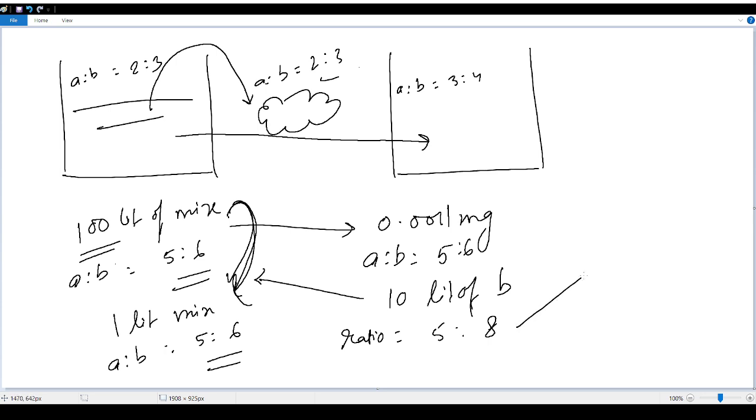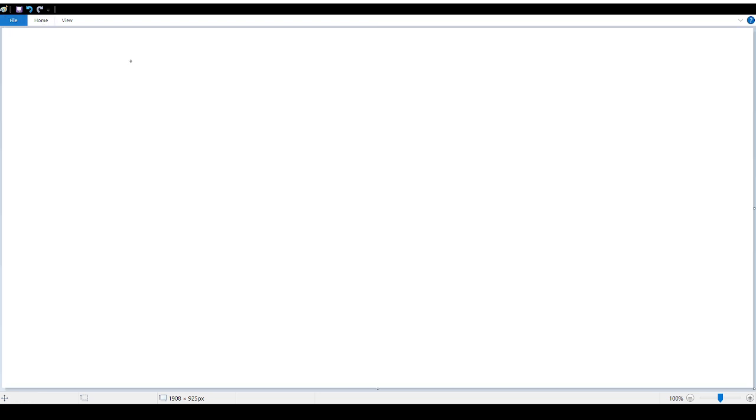Now again you take 0.001 milligram of this mixture, what will be A is to B? 5 is to 8, right? Ratio is the characteristic of a mixture.